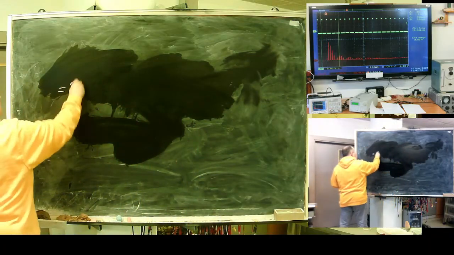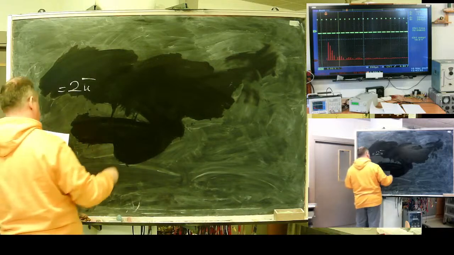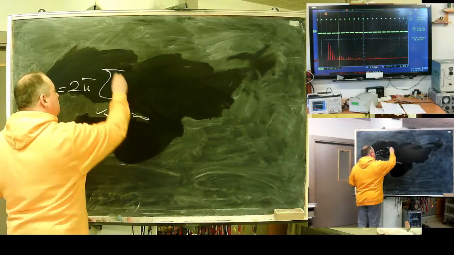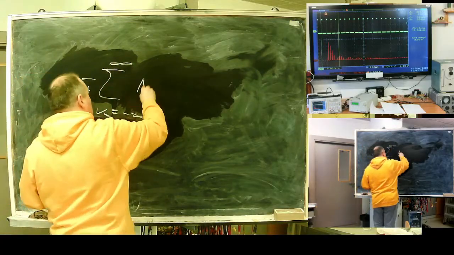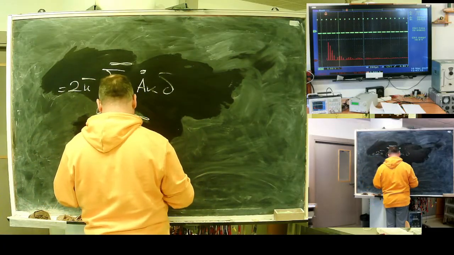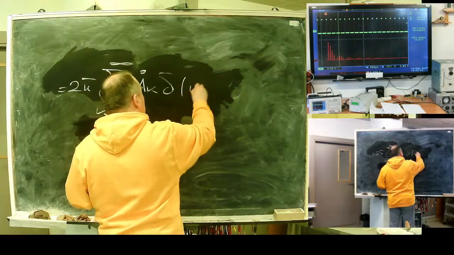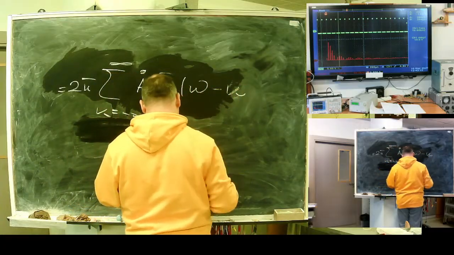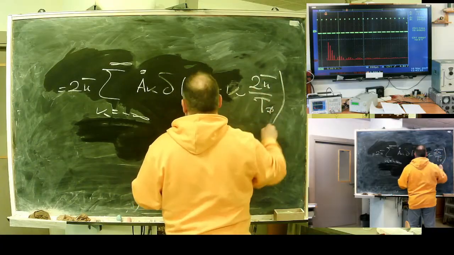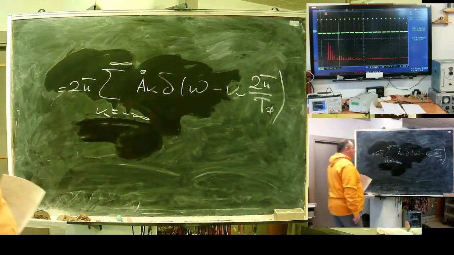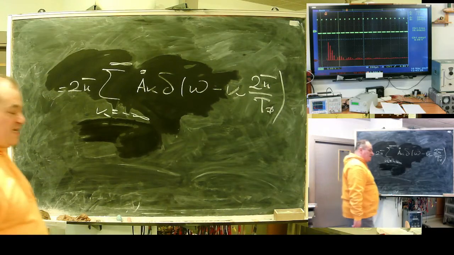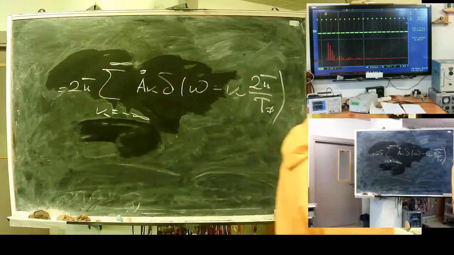We can write 2π sum from minus infinity to infinity of delta function omega minus k 2π divided by T0. Discrete spectrum. We saw it. A sequence of pulses has a discrete spectrum.